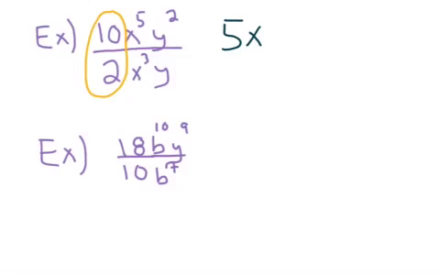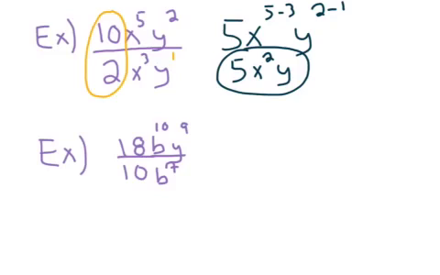X is a base, and if I look at my exponents, I have 5 and 3, so I would have x to the 5 minus 3 power. And y, my exponents are 2 minus 1. Remember, right here, if you don't see that 1, it's assumed to be 1, you can write it in. So then if I would go ahead and simplify, I would have 5 x to the 2nd power y.